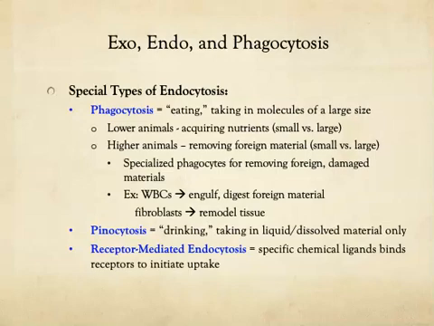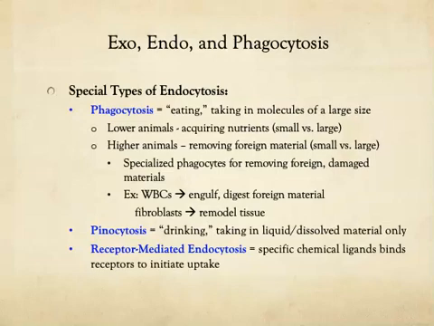Remember, we said immune cells sometimes perform a very generalized type of endocytosis because they surround and consume and destroy pieces of material that are in the body that don't belong there. They're foreign to the body. But sometimes those cells actually surround and bring in living organisms.